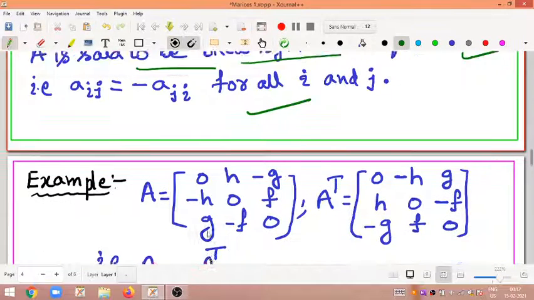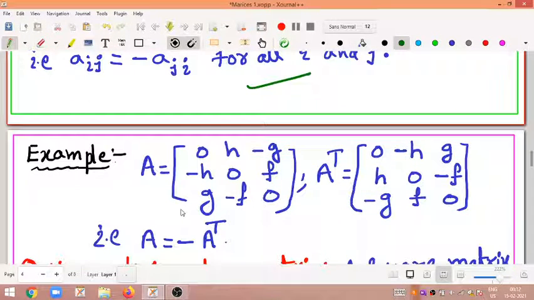Example: see here, A is 0, h, minus g, minus h, 0, f, g, minus f, 0. Then its transpose is 0, minus h, g, h, 0, minus f, minus g, f, 0.